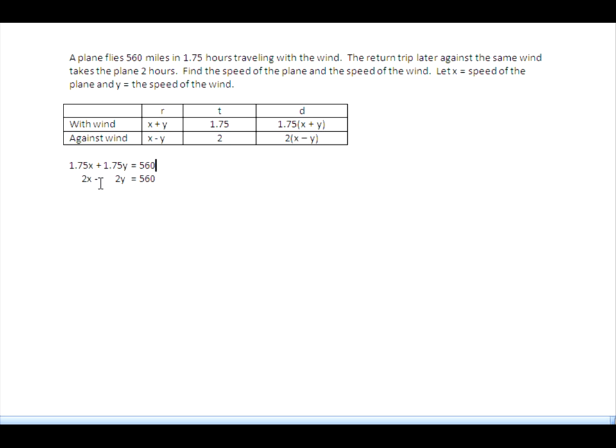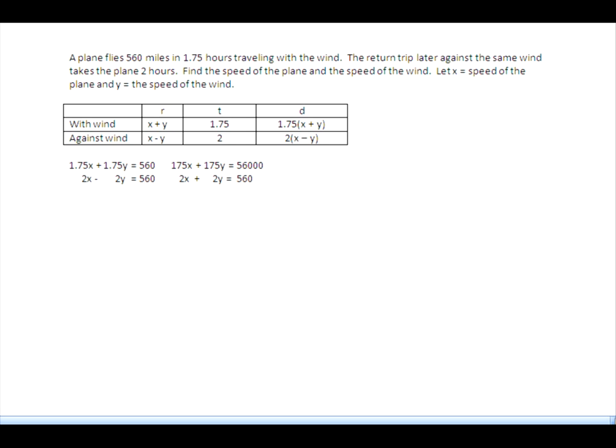One way we could do this is we could multiply the top equation by 100, which would give us 175x plus 175y is equal to 56,000. We multiplied by 100 to clear out the decimal places. And then we still have 2x minus 2y is equal to 560.